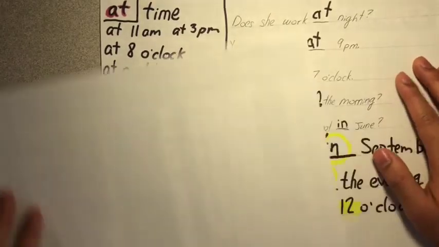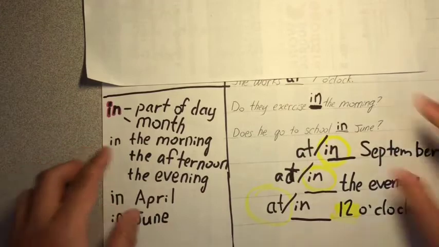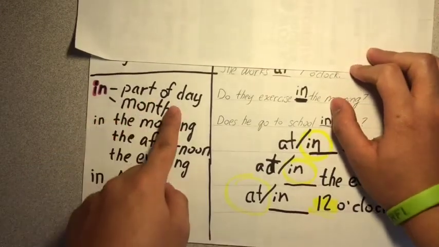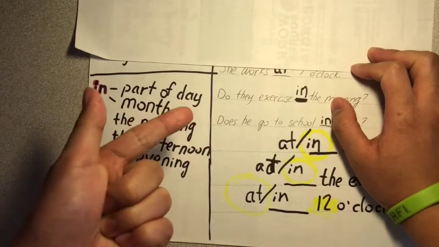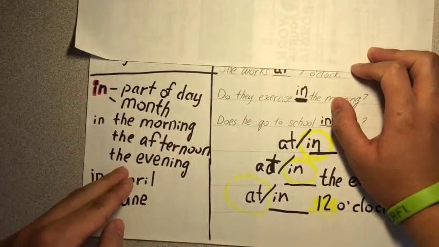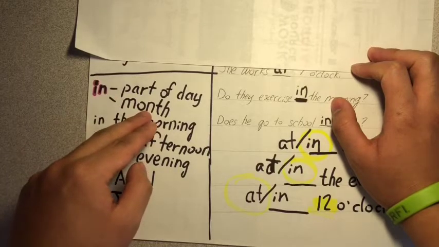And we say at night. In. We use in for a part of the day. So we say in the morning, in the afternoon, in the evening. And we use in for month or a year.